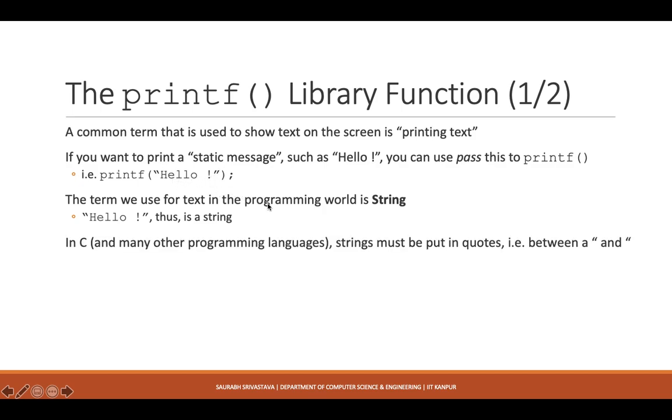Okay, and not just in C, in almost all programming languages, strings must be put inside quotes, right? So this is how your compiler is able to differentiate between a string, a message that is supposed to be shown to the user, versus the actual text that you write, right?